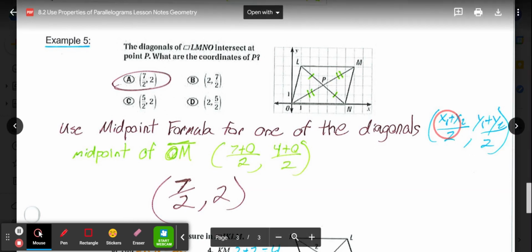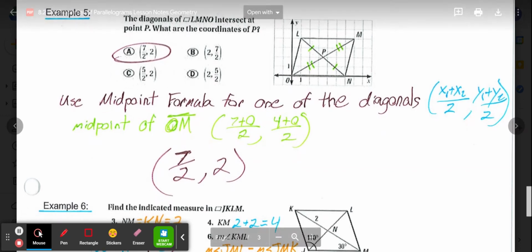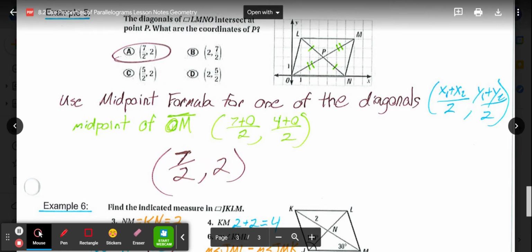So you add the x values, divide by 2, add the y values, divide by 2. Well, it's easy when point O is at 0, 0, and M is at 7, 4. So x values added, 7 plus 0 divided by 2. Y values added, 4 plus 0 divided by 2, gives us point P at 7.5, comma 2.